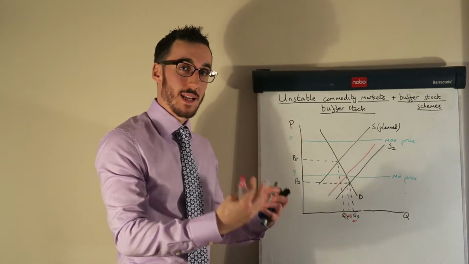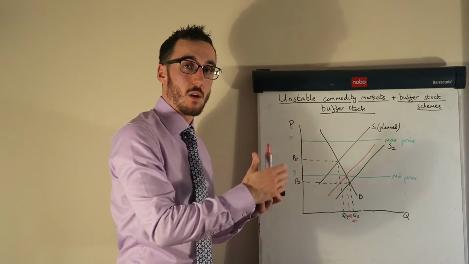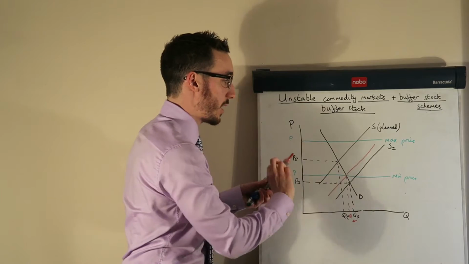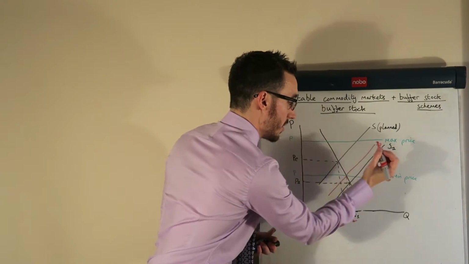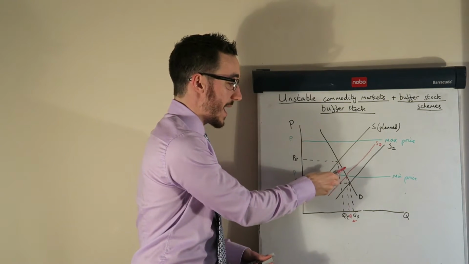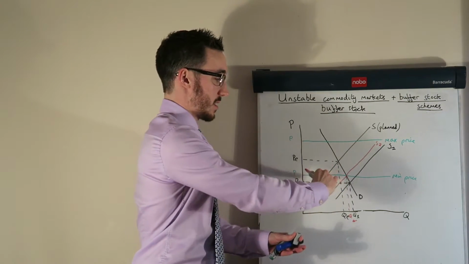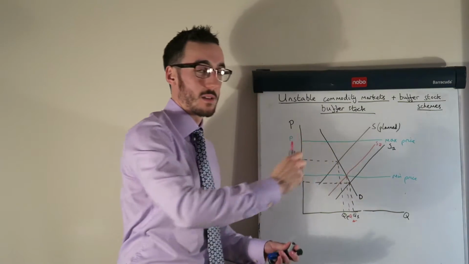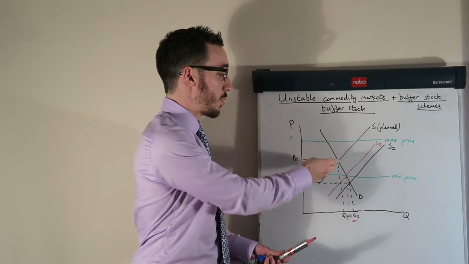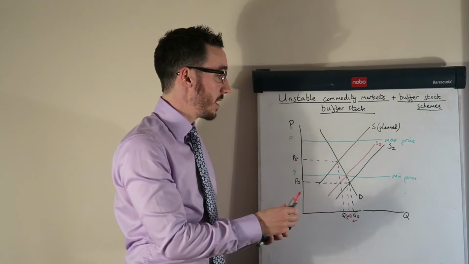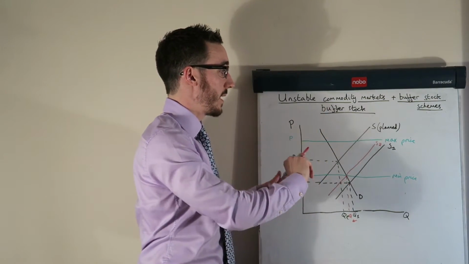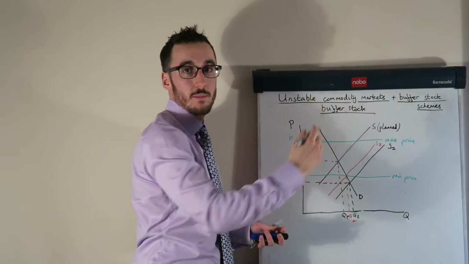So the government says, right, let's step in and let's buy all of the leftover stock to then shift the quantity back up, S2, back up to the minimum price level, and then we are happy that that's the price it's going to be at in the end. And that's how governments can step in to sort out the problem of market failure by buying up the stock, and they will keep that stock and they will call it the buffer stock.